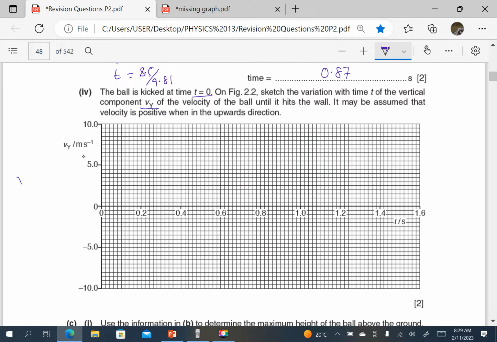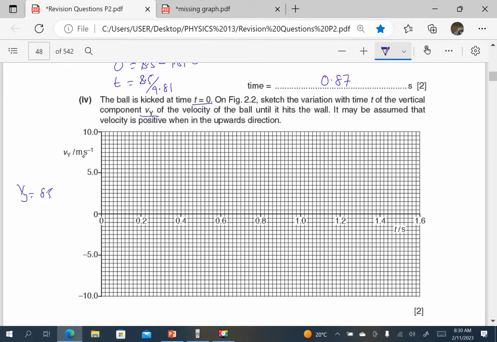The initial vertical component of velocity at t equals 0 was 8.5, so our graph will start from 8.5. The scale on the vertical is 5 divided by 10, which is 0.5, so this is 6, 7, 8.5. So 8.5 is here at t equals 0.